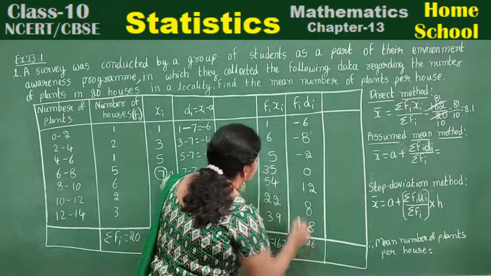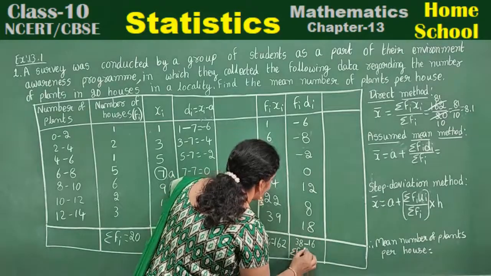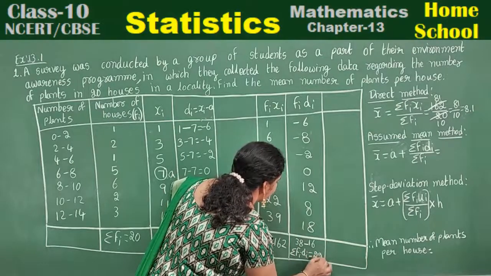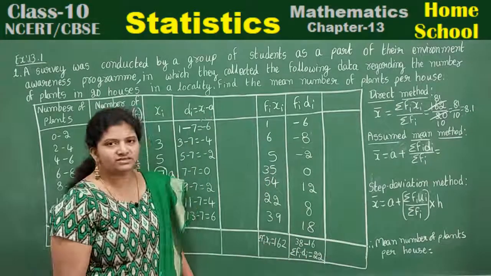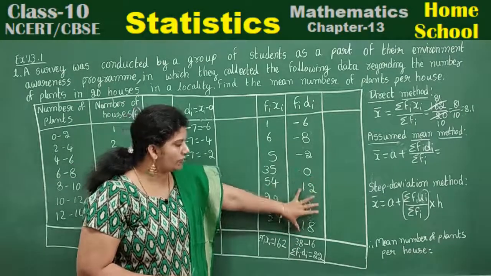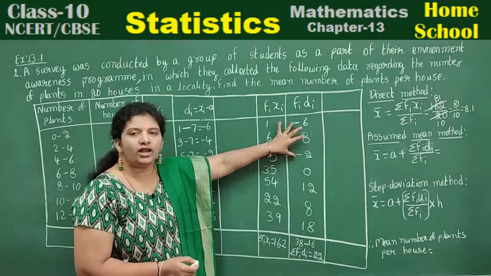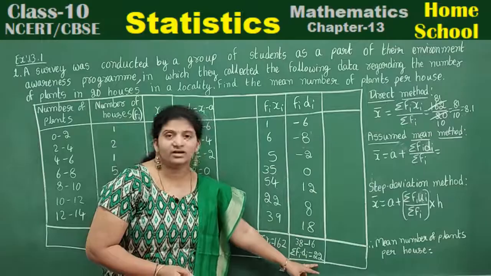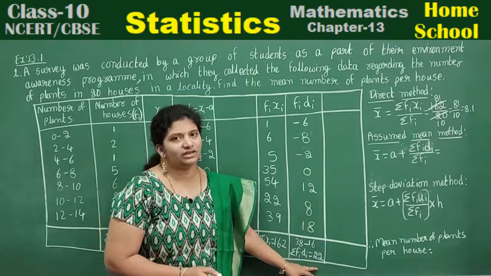That is summation fi di is equal to 22 is your answer. Yes? Yes or no? How we are going to add all this? All positive values and all negative values you are going to add, then subtract. You are going to get the summation of fi di.